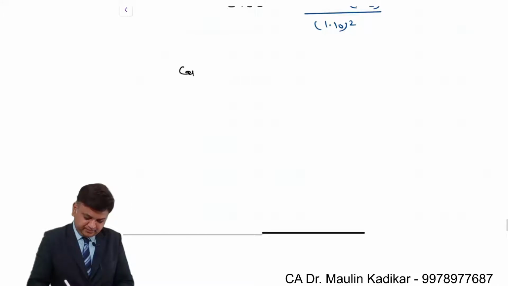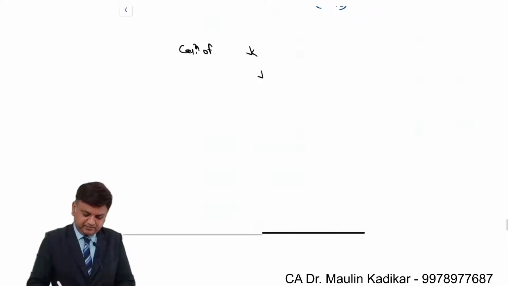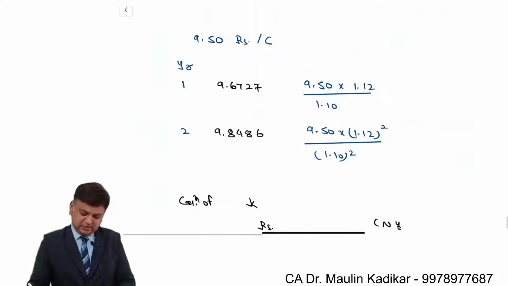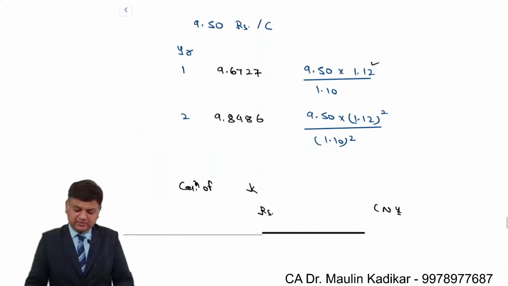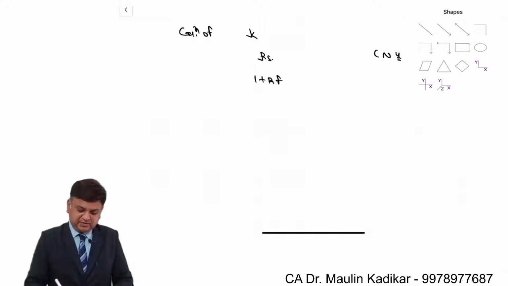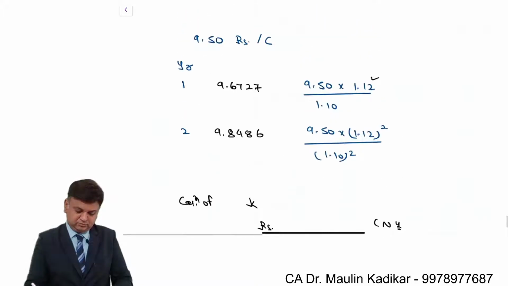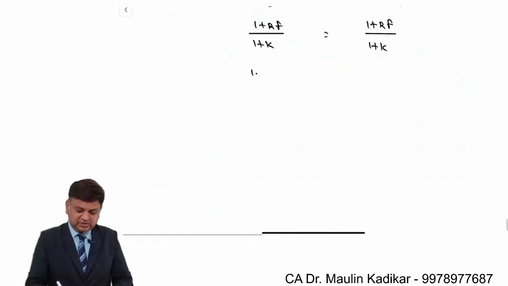Then calculation of NPV, calculation of the discounting rate. Rupee currency and Chinese Yuan currency. For rupee currency, the rate of interest is 12%. So 1 plus RF divided by 1 plus K. This is 12 and over there it is 10.